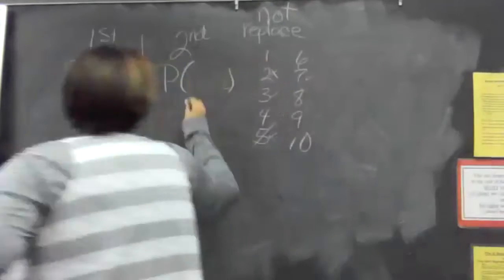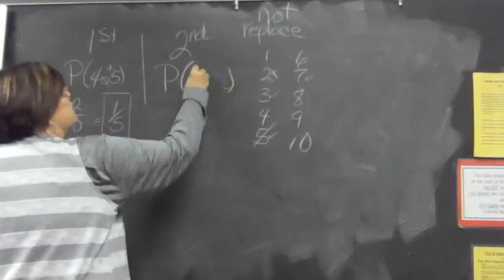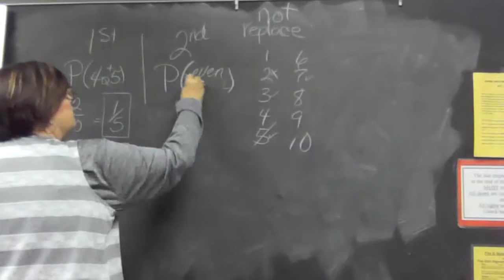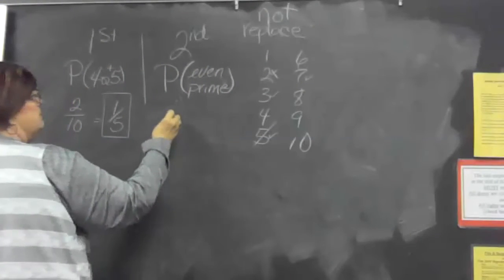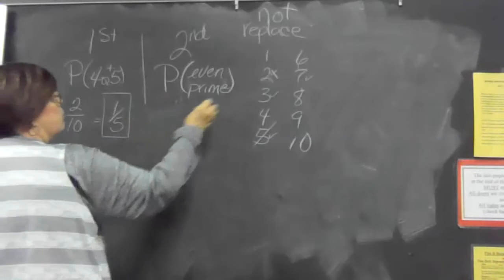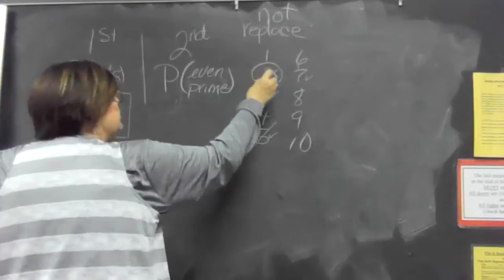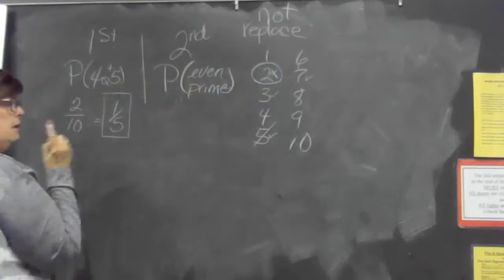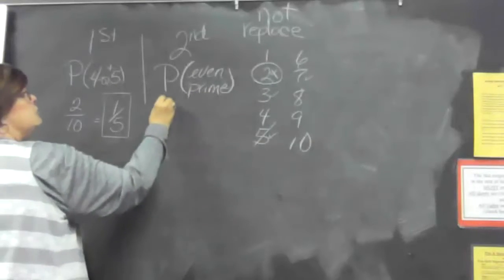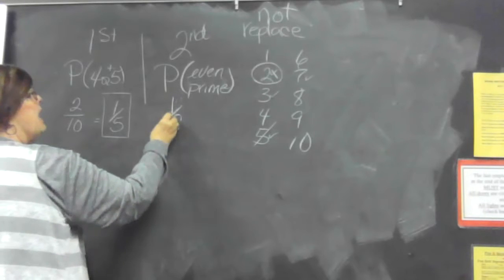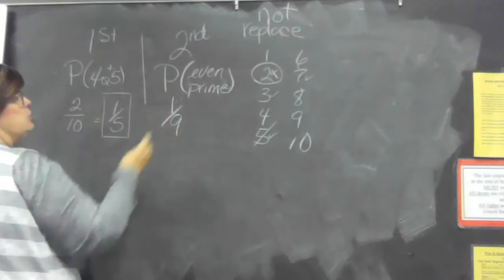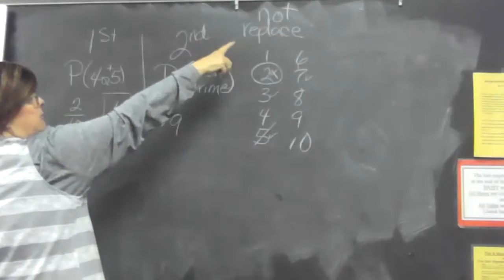So the probability of an even prime that's left over is 1 card out of 9, because we did not put that one back that we drew here.